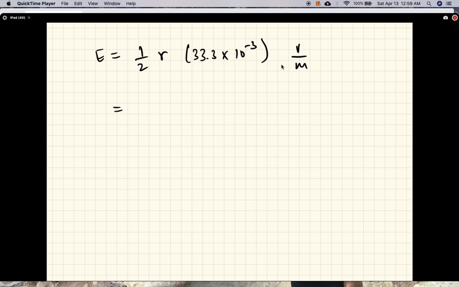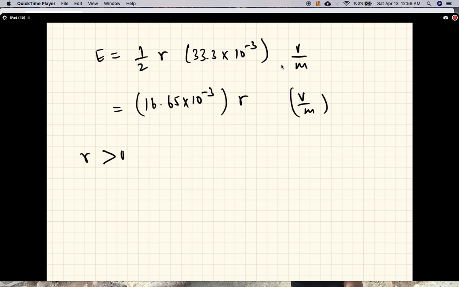And let me clean this up. So 16.65 times 10 to the minus 3 r volt per meter. Okay, so that's the electric field inside.